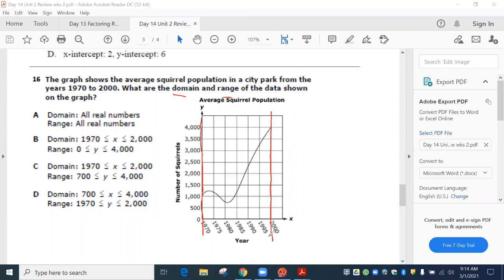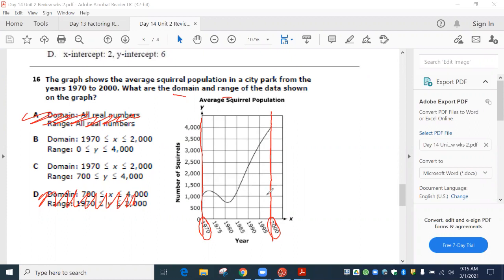And it has to cross the x-axis for domain. What two numbers did we hit on the x-axis? And so look at your answers. If the domain does not have 1970 and 2000, we'll mark it off. So only B and C had the domain of 1970 to 2000.